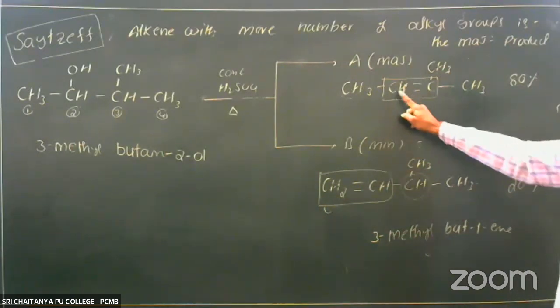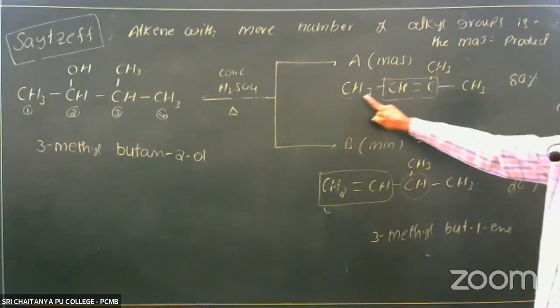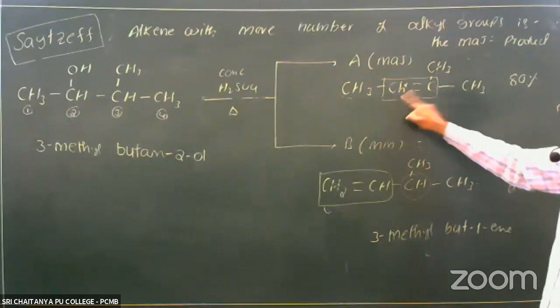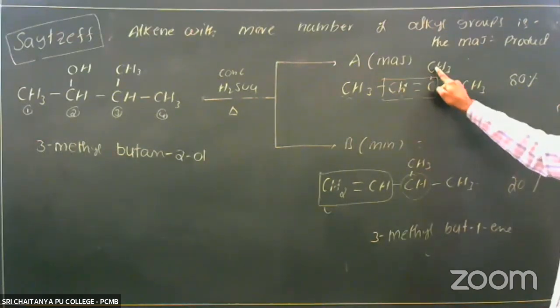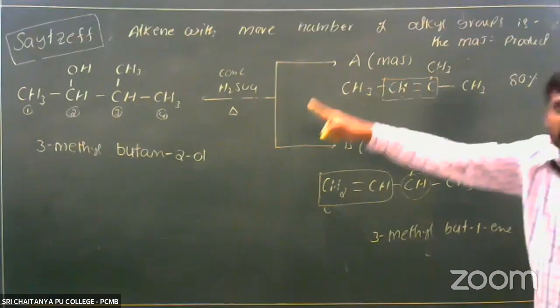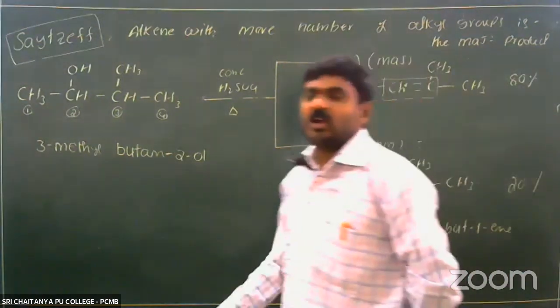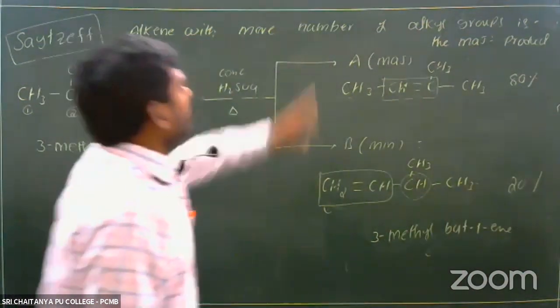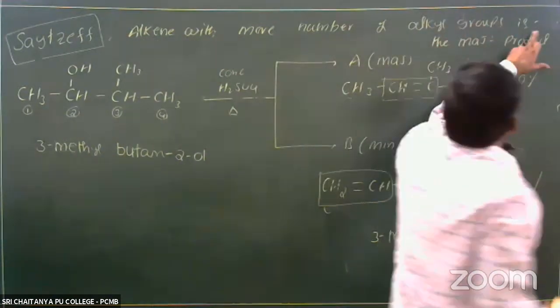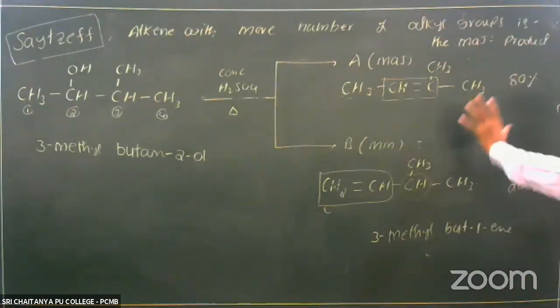Whereas in the first compound, this double bonded carbon is attached with 1 methyl group and 1 hydrogen, and this one is attached with 2 methyl groups. So according to Saytzeff rule, the alkene with more number of alkyl groups is the major product.